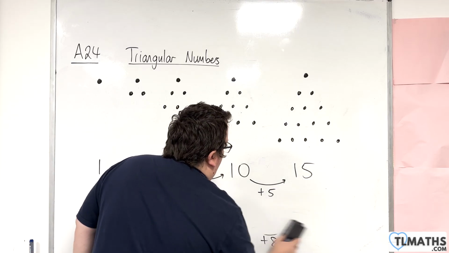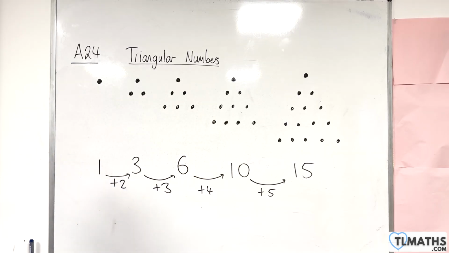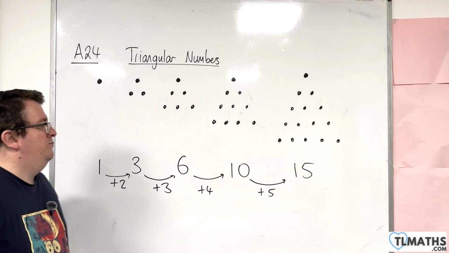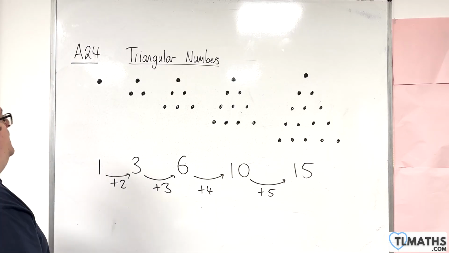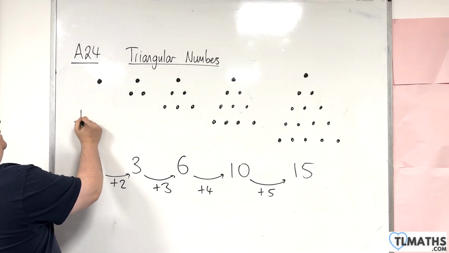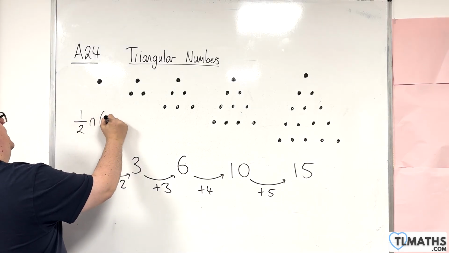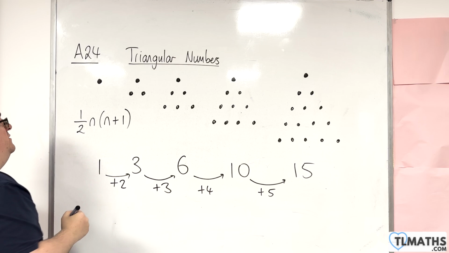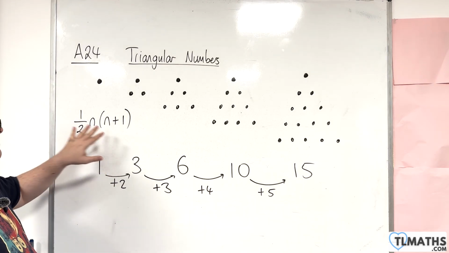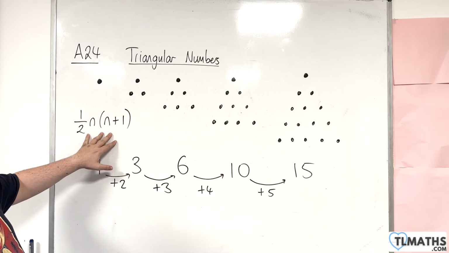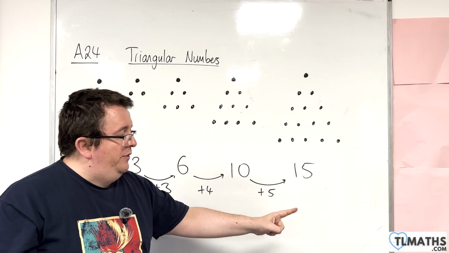There is an nth term for the triangular numbers, and it's given by a quadratic nth term. And that is 1/2 n(n + 1). So this is the nth term for the triangular numbers. So let's say we wanted to work out what the 6th term was.